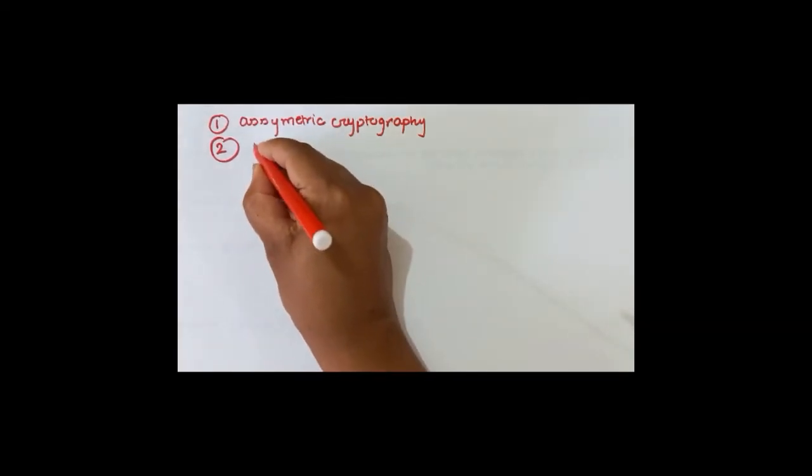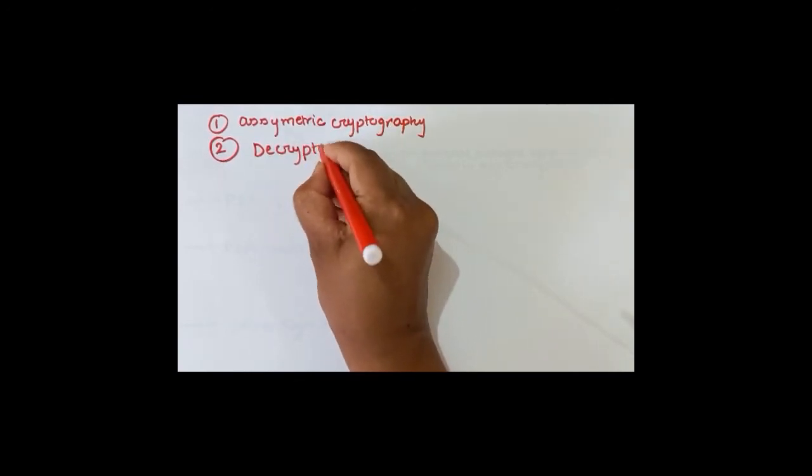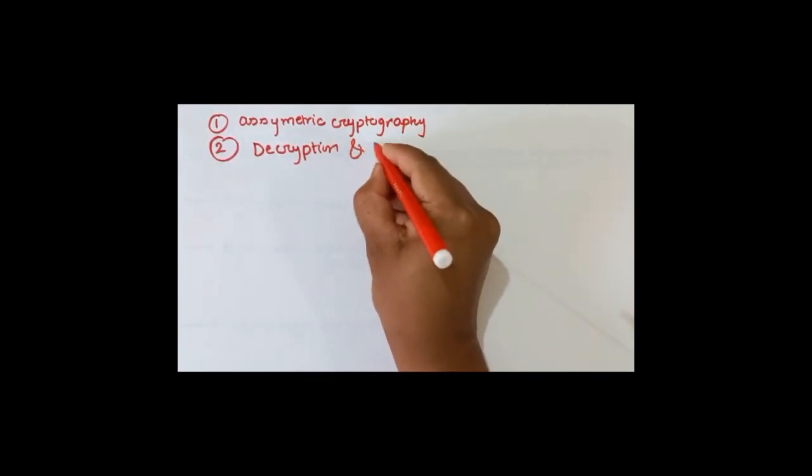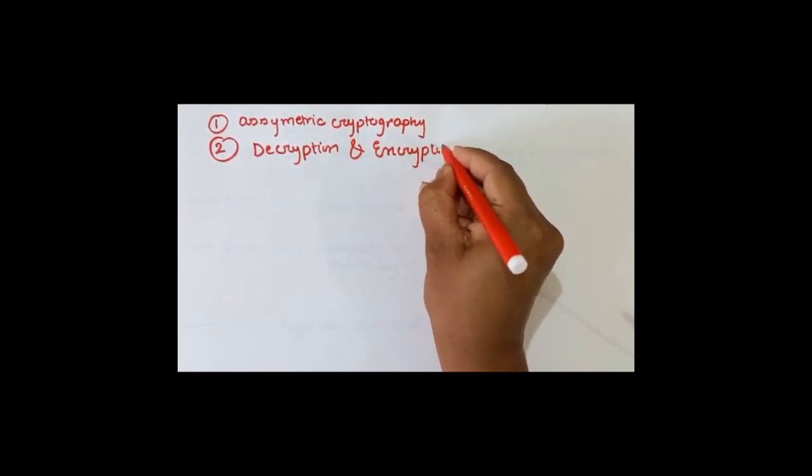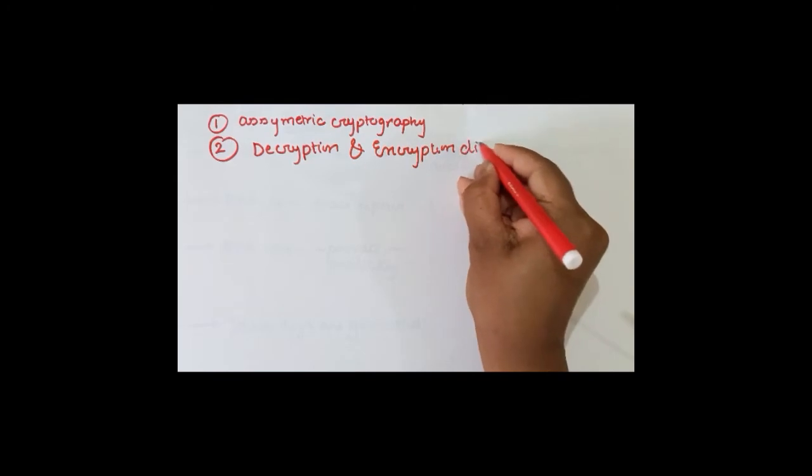The second point is that asymmetric cryptography is a form of cryptosystem which relies on the use of different keys, both for encryption and decryption. Here, for decryption and encryption, different keys will be used.